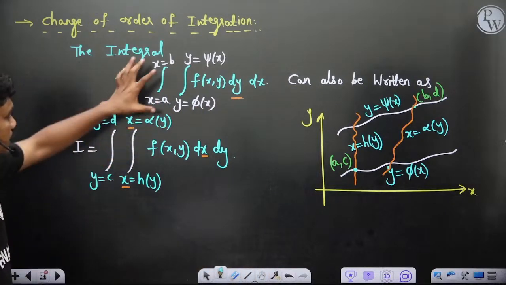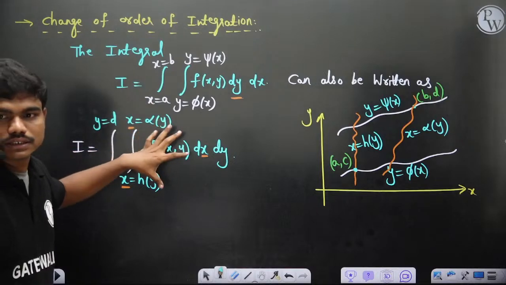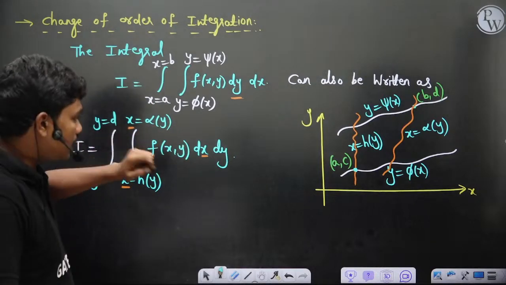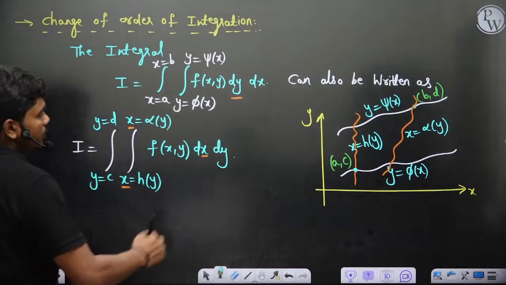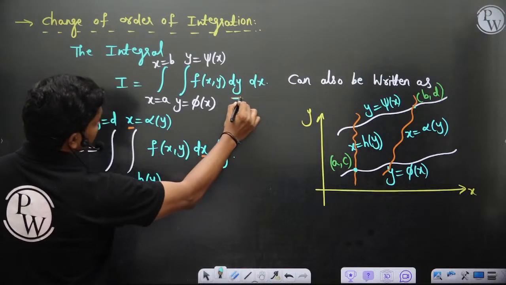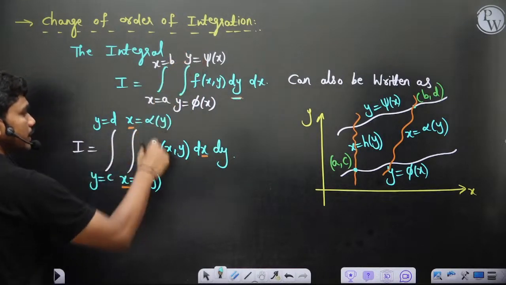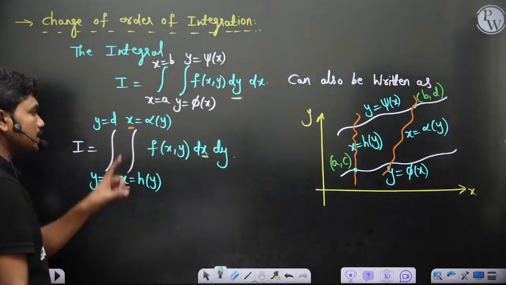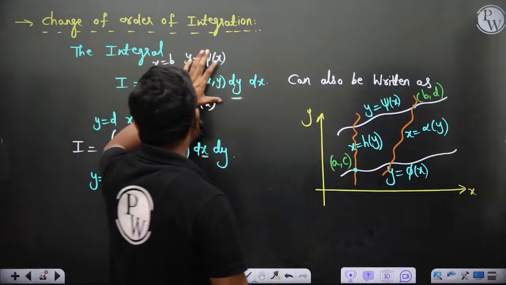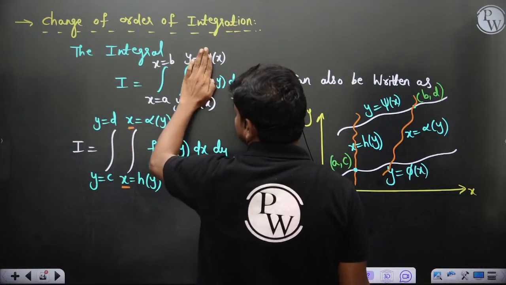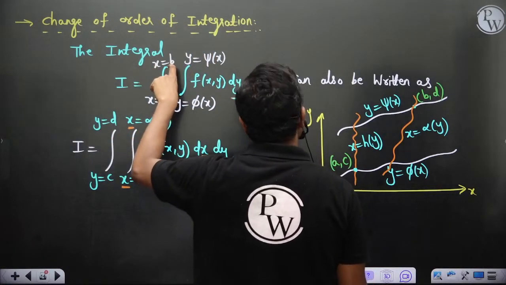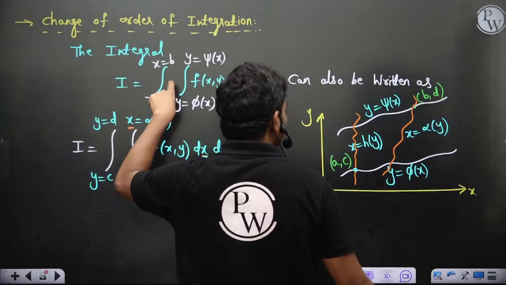So this integral can also be modified in this integral like this, okay? I'll just work an example. You can see, first of all, here the variable of integration is y, so ultimately you have written y limits in terms of x. Similarly, here the integrating variable is x, so you have written. Now when you write this y limits as functions of x, ultimately this x limit should be constant, okay? And x should go from a minimum of a to a maximum of b.